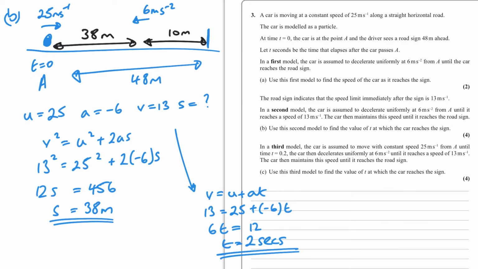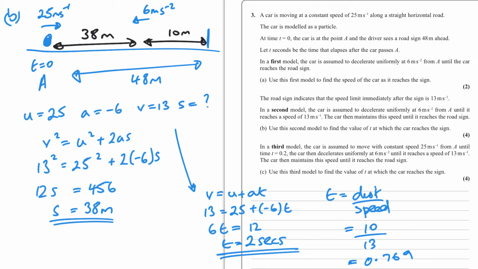Now the second section, we can just use speed equals distance divided by time. Therefore time is going to be my distance over my speed. Now the distance we've got left is 10 and the speed is 13, so we just get 10 divided by 13, or I can put that as a decimal as 0.769.